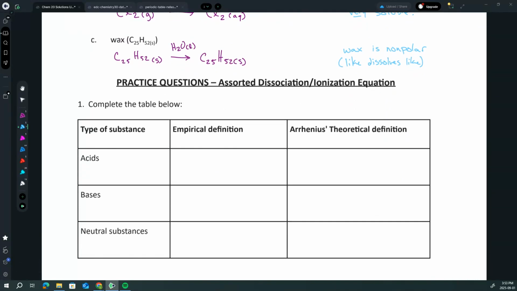Okay. So this table below starts getting into acids and bases as well as neutral substances. It is a practice question, but I do find it helpful just to go over it with students. Okay, so I'll fill out this table with you guys just to start getting you more introduced to the concepts of acids and bases and their empirical as well as their Arrhenius theoretical definitions.